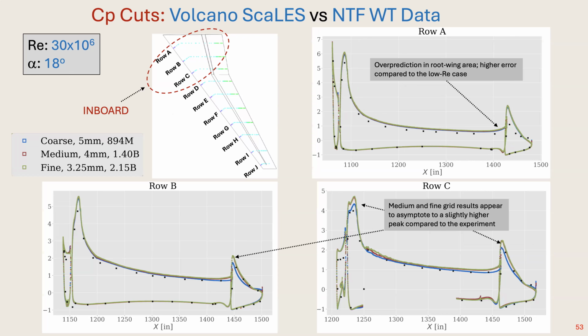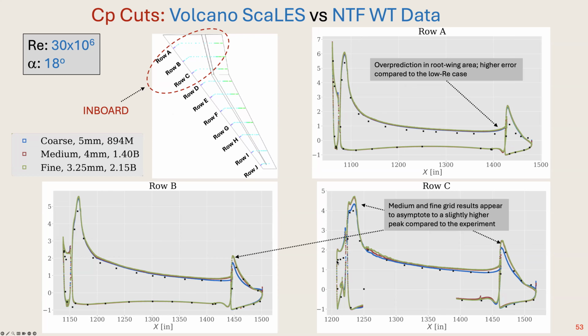And then this is a 30 million case, and the same idea: there's an over-prediction in the root area, and the medium and fine grids come out of asymptote, but it's higher than experiment.